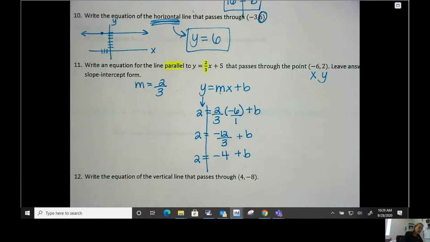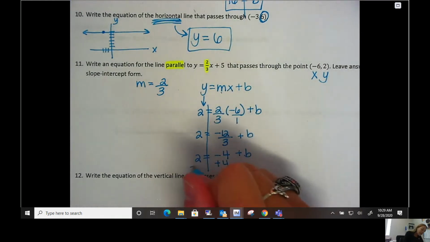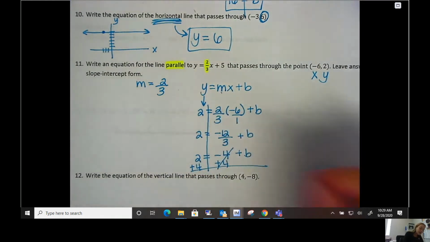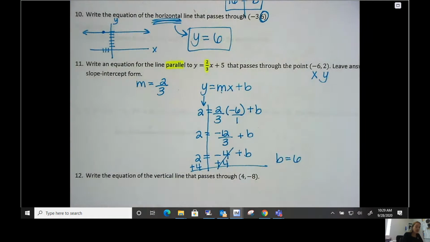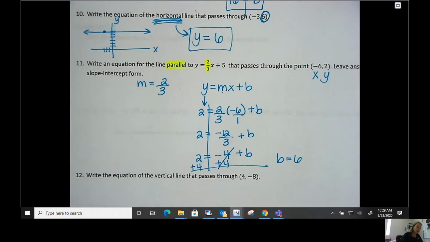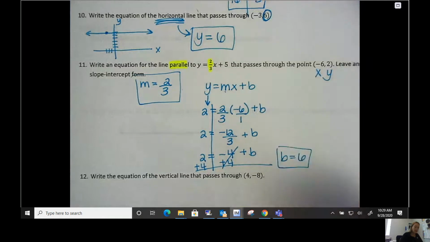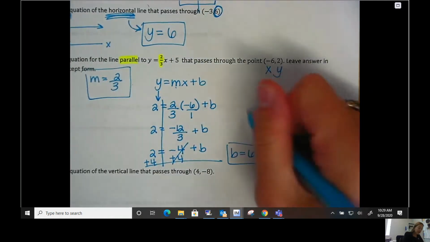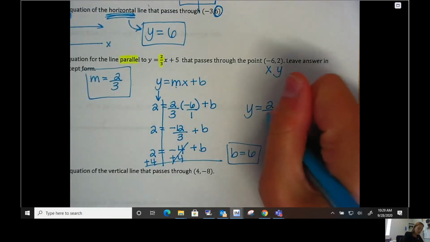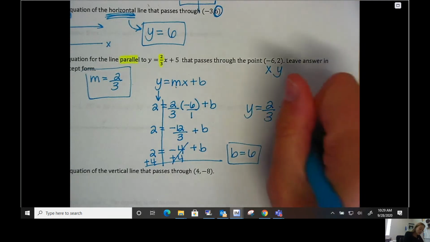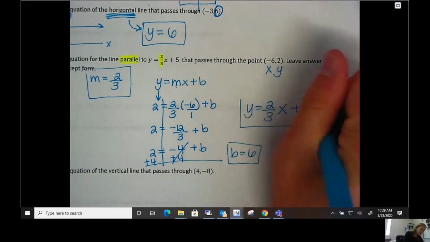And then to get the b by itself, I just move the 4 over to the other side, so I add 4. So I get my b value is 2 plus 4, which gives me 6. My final step, write this equation using my slope and my b value. So my final equation is y equals 2/3 x plus 6.